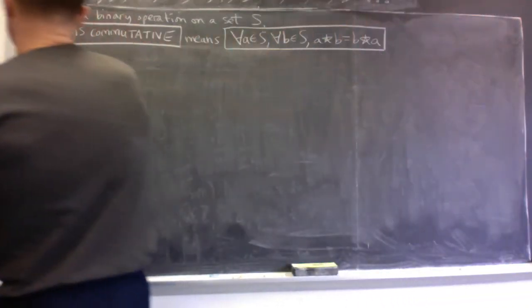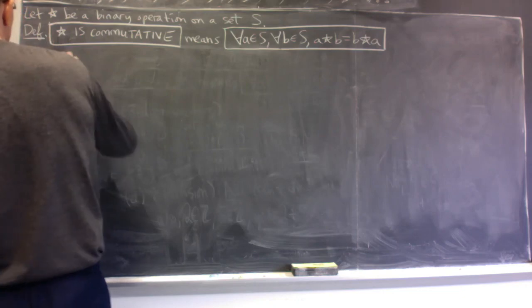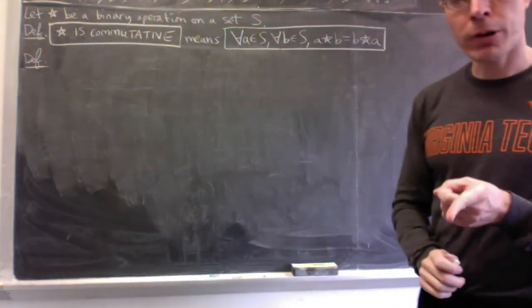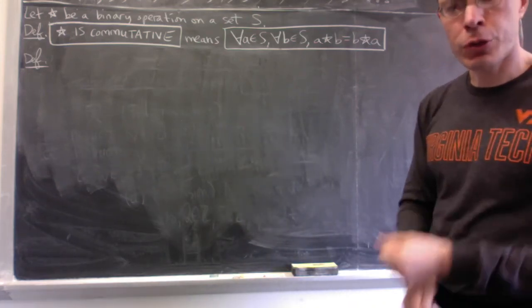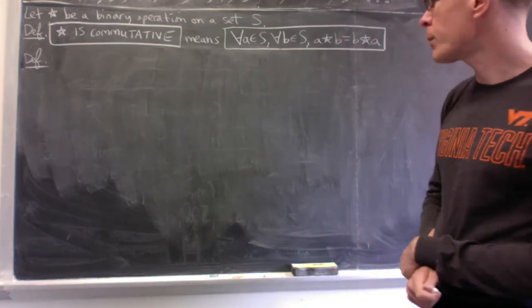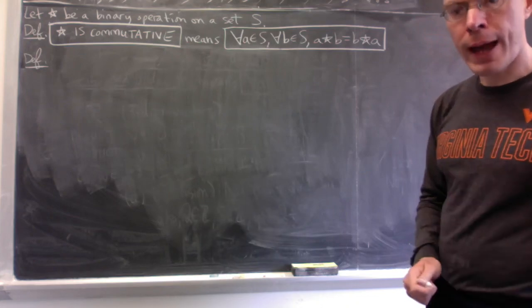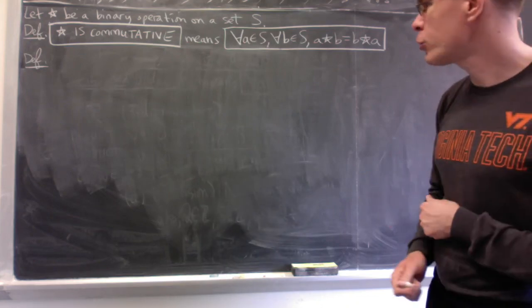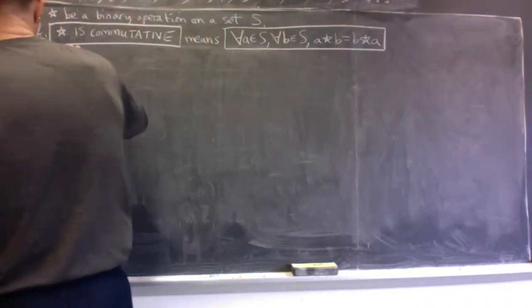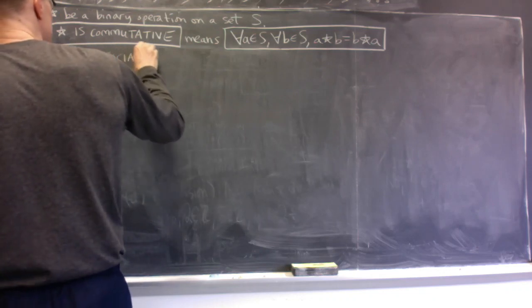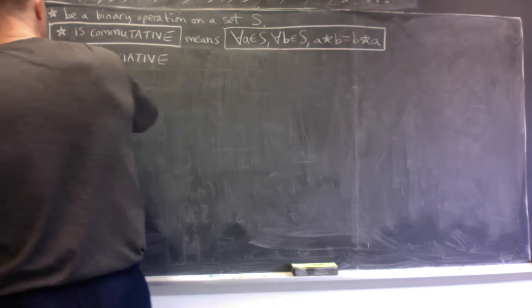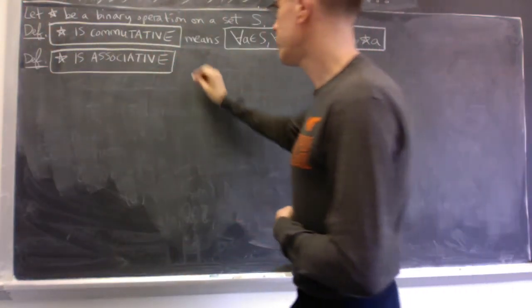Okay. Second definition, I'll say that the binary operation star is associative. If you give me three things, A, B, C, all coming from S, I can form A star B star C, and I can actually do that in two ways. I can put in parentheses, and for associativity, it doesn't matter where you put the parentheses.